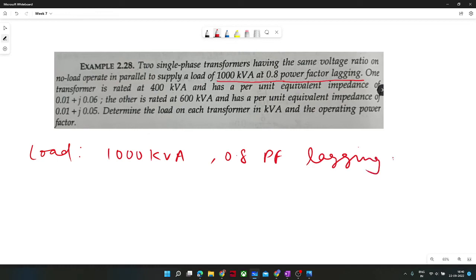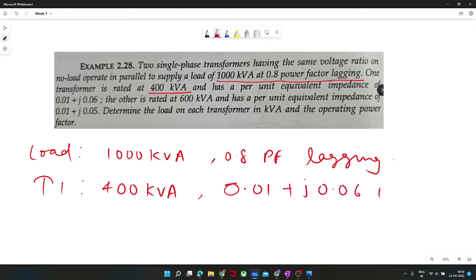Now, transformer 1 is rated at 400 kVA and has a per unit equivalent impedance of 0.01 plus j0.06 per unit. So this is the per unit impedance of transformer 1.